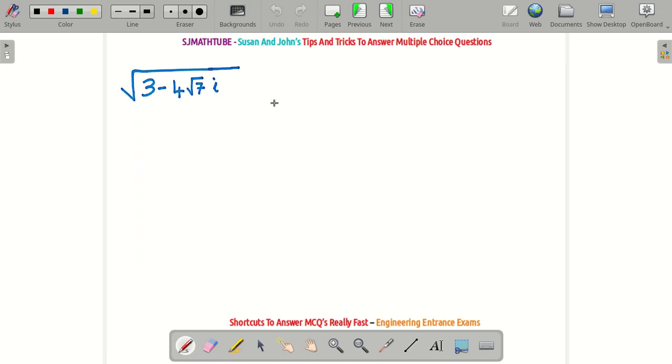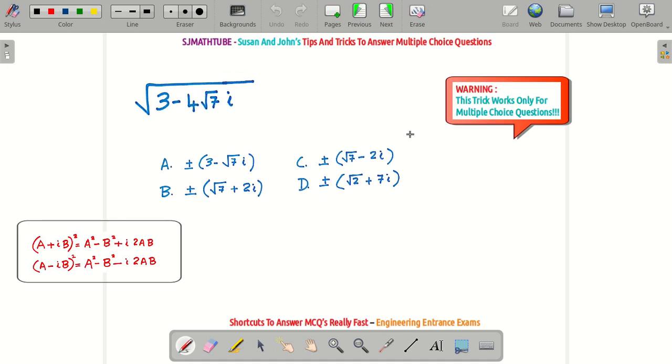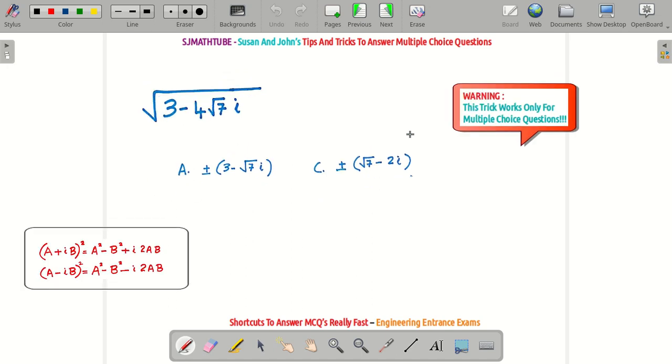Find the square root of 3 minus 4 root 7 into i. The options are here. So my friends, what is the sign in between? It's negative. So our answers can never be B and D. So our suspects are option A and option C. Is that clear?